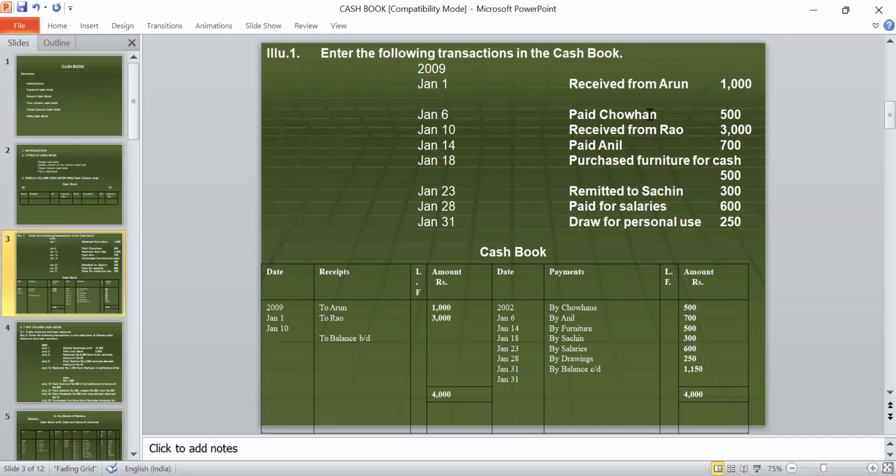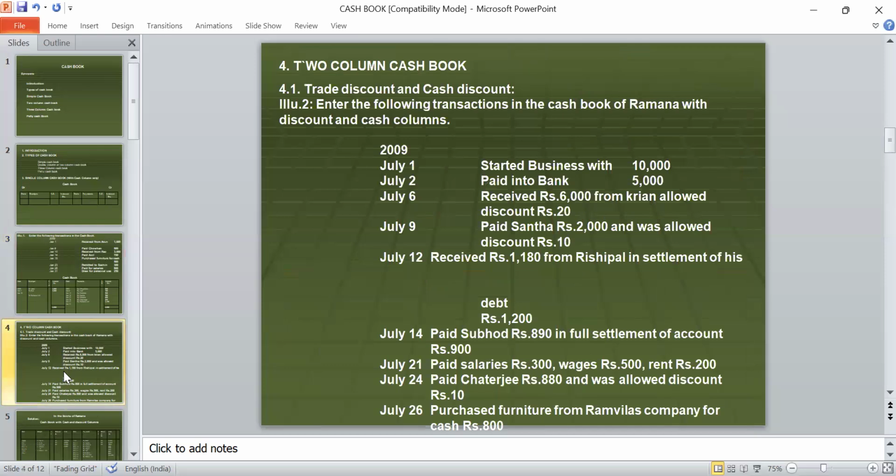And the second one is paid to Chauhan. That means cash paid to Chauhan. That is a payment transaction, so it is entered in the credit side of the cash book, that is, the payment side, by Chauhan. Okay, that's it.